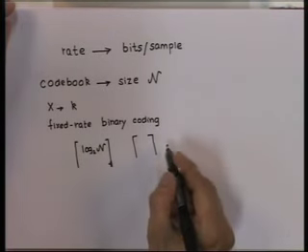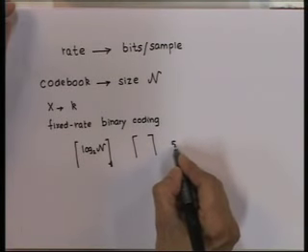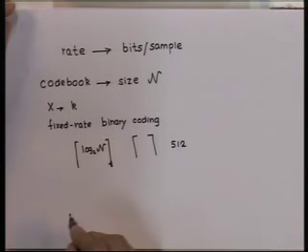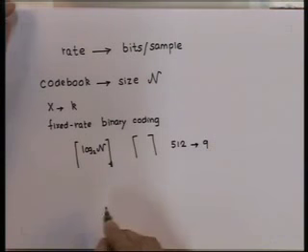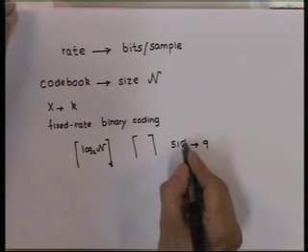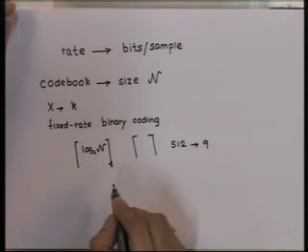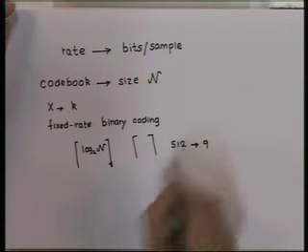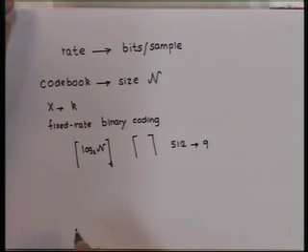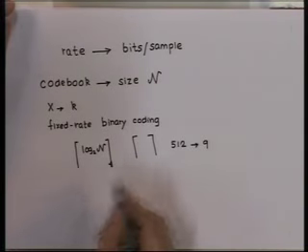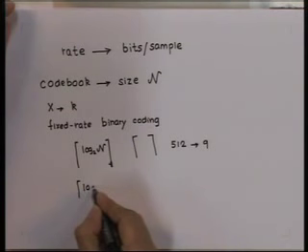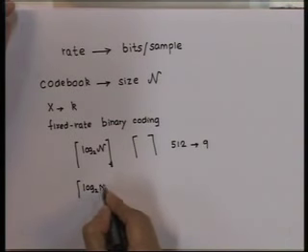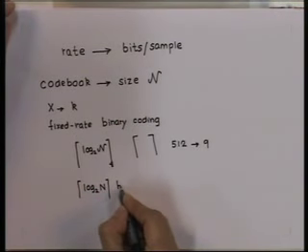So, for example, if the code book contains 512 code words, we need 9 bits to specify which of the 512 code words had been selected at the encoder. The number of bits per input vector of k dimension is therefore ⌈log2 n⌉ bits.